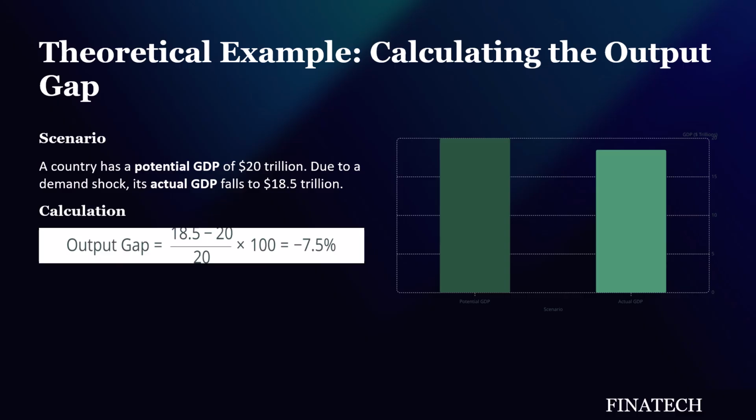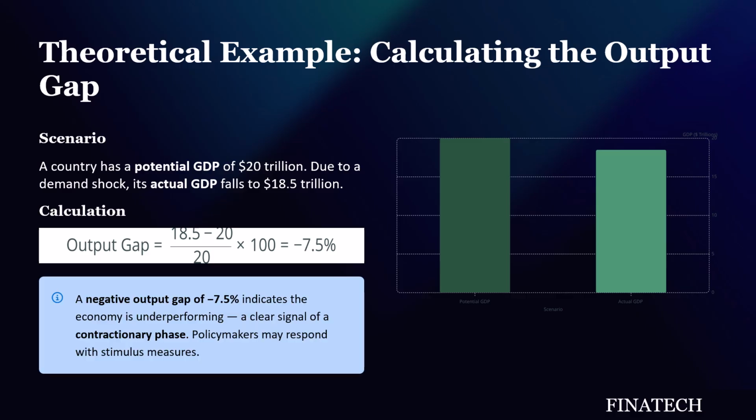This is the calculation. After calculation, we have an output gap of minus 7.5%. A negative output gap of minus 7.5% indicates the economy is underperforming, a clear signal of a contractionary phase.